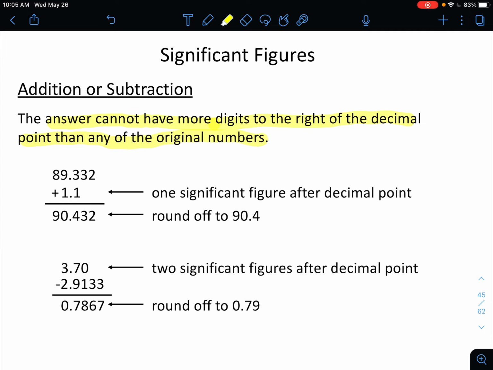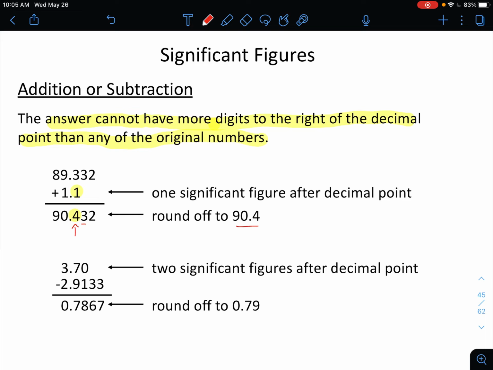So if I add in my calculator 89.332 and 1.1, I get 90.432. Since 1.1 only has one digit after the decimal, then I need to round to only one digit after the decimal. So that makes 4 my cutoff number. So if 4 is my cutoff number, then I look to 3. 3 is smaller than 5, so it just rounds to 90.4.